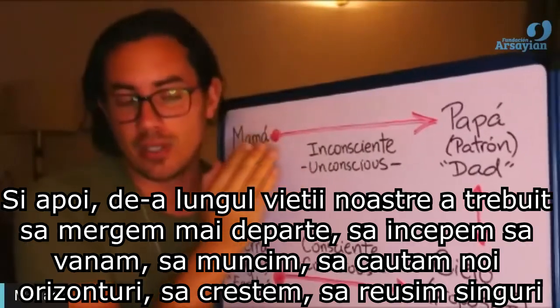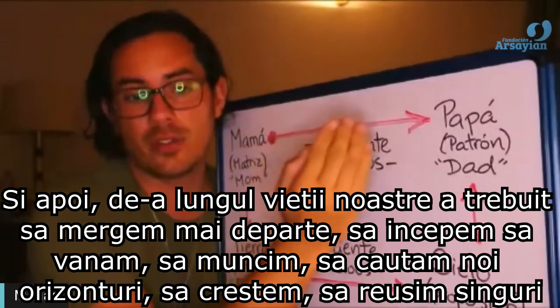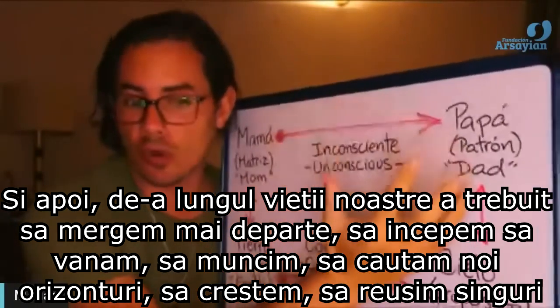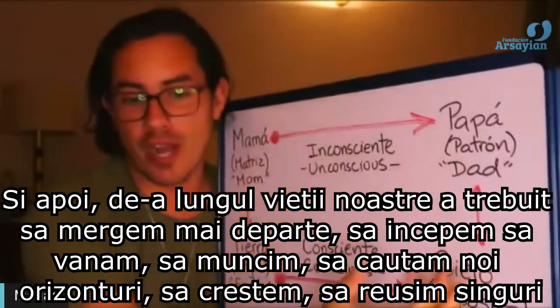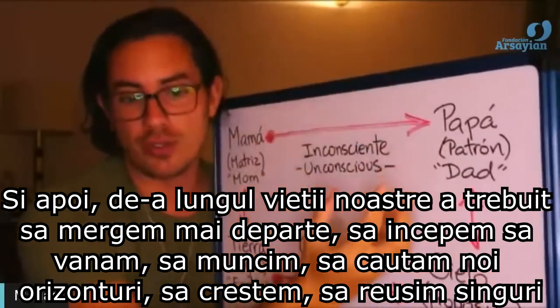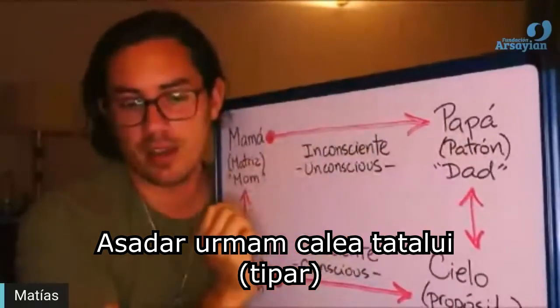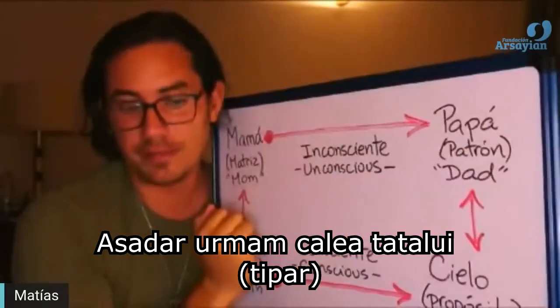And then throughout our life, we have to move forward, to start to hunt, to work, to look for a new horizon, to grow, and to do it by ourselves. So we are following the path of the father.